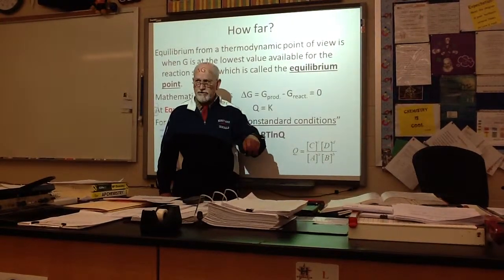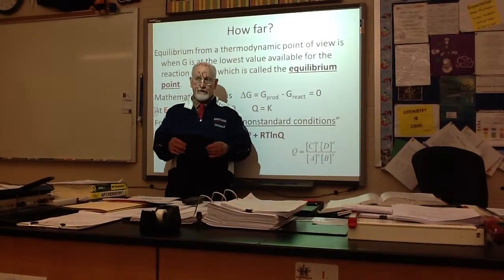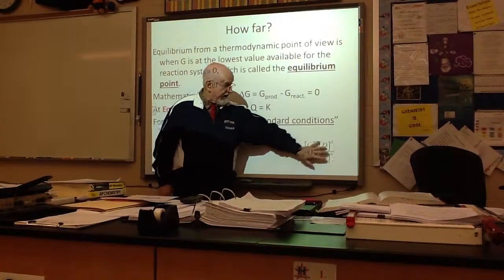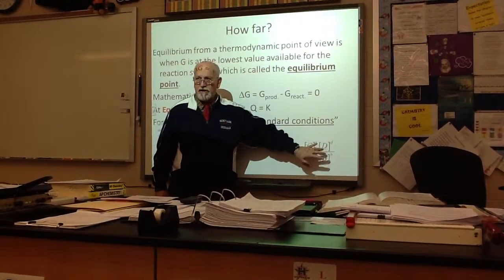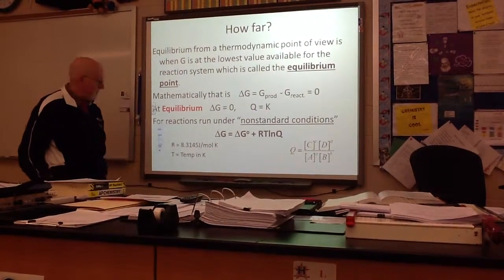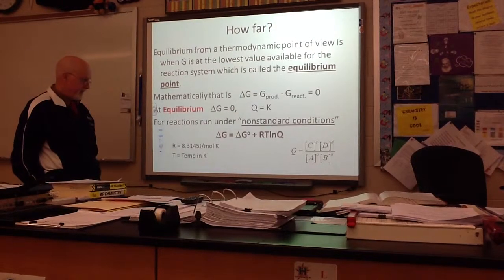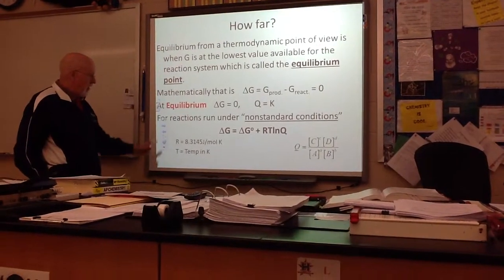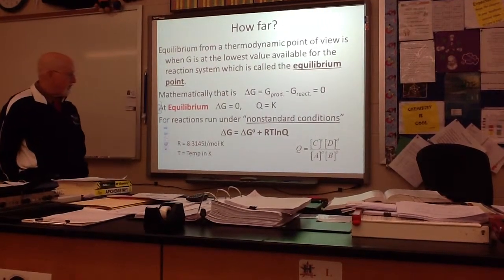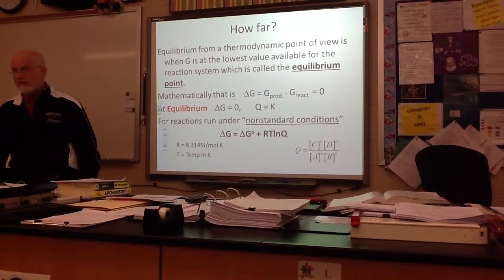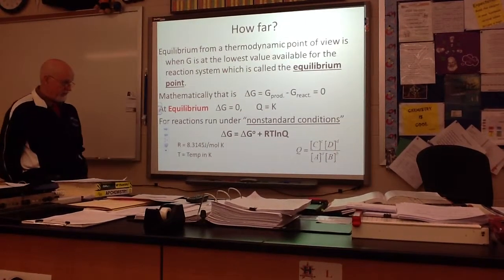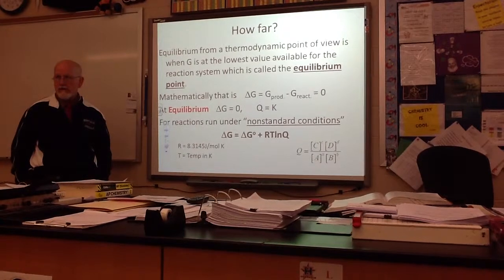Those are the coefficients. You have to put those in when you set up Q, or K, or any other value. It's popped up several times on problems we've done so far. R is the constant, 8.3145, and you have to have your temperature in Kelvin, otherwise you will get an answer that is not even close to being correct.